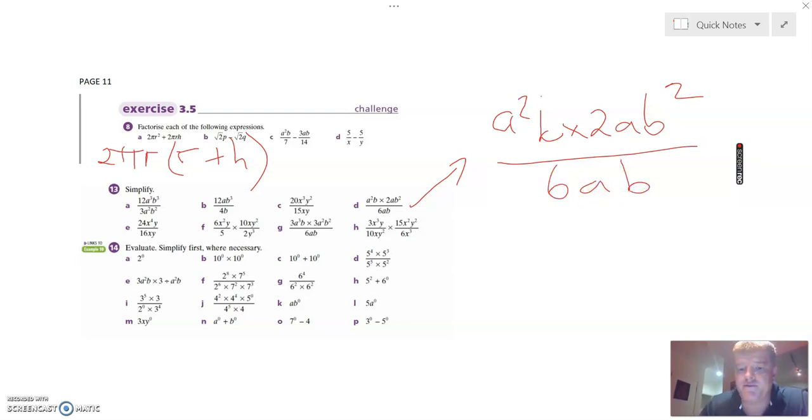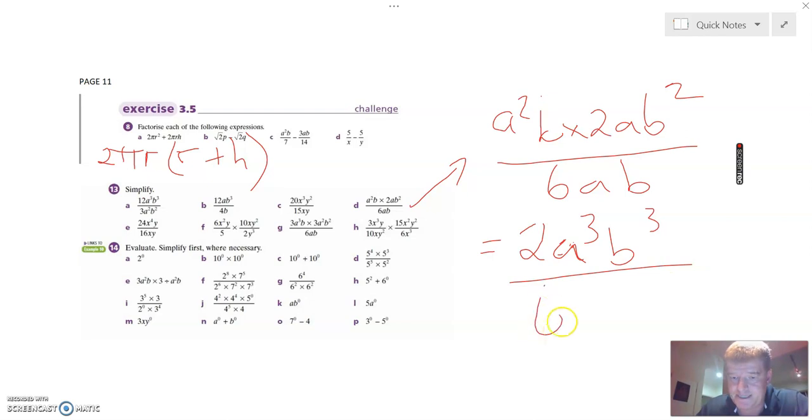Now there's a bunch of ways that we can work this out, but I think it'd be good to put all the like terms together. So the only number here is 2, so it's going to be 2. We've got a squared times a, that's going to give us a cubed. And we've got b times b squared, which is going to give us b cubed. So that's what the top's going to simplify to, divided by 6ab.